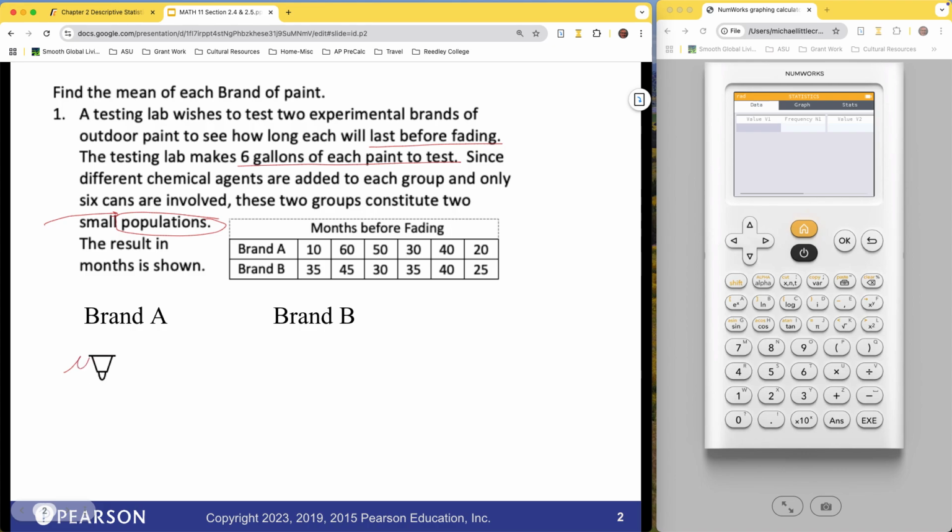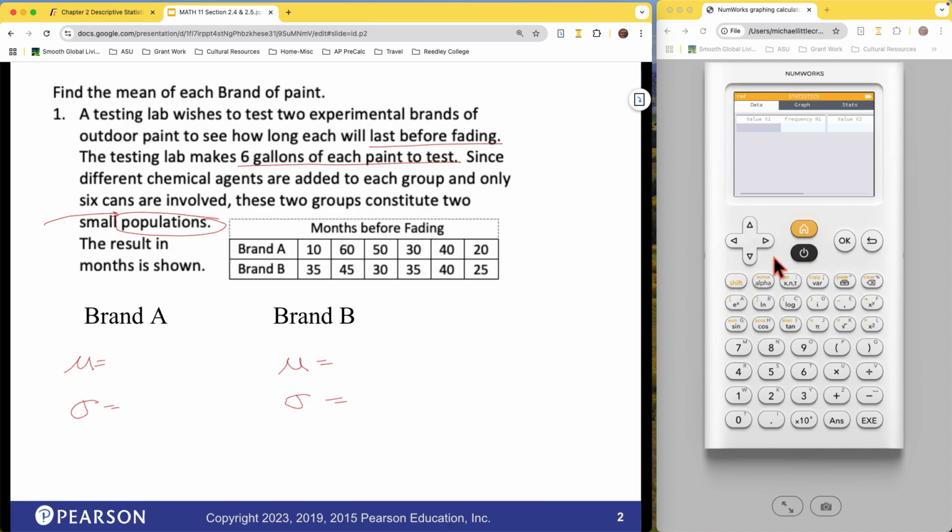Here's the mean for a population. We want the mean for brand A and for brand B, and then we want the standard deviation for A and for B, and we're going to make a comparison there. We're going to do that with the calculator, and then we'll come back and see how the calculation works.